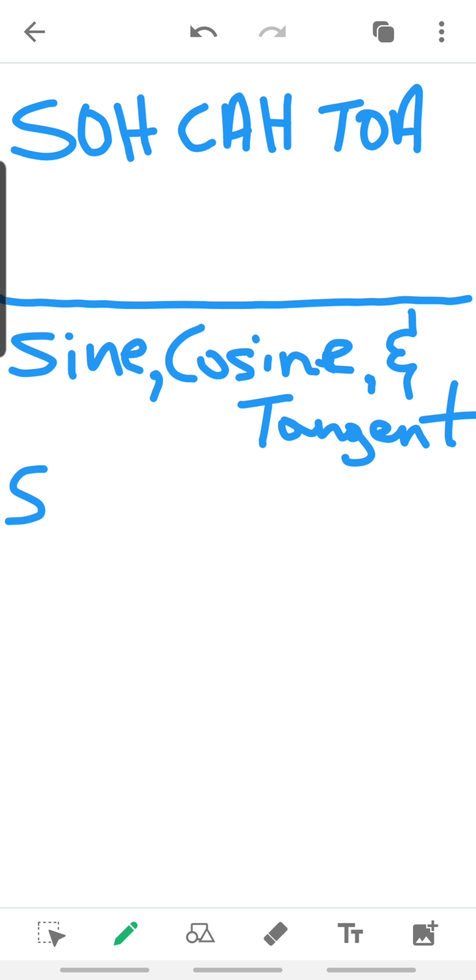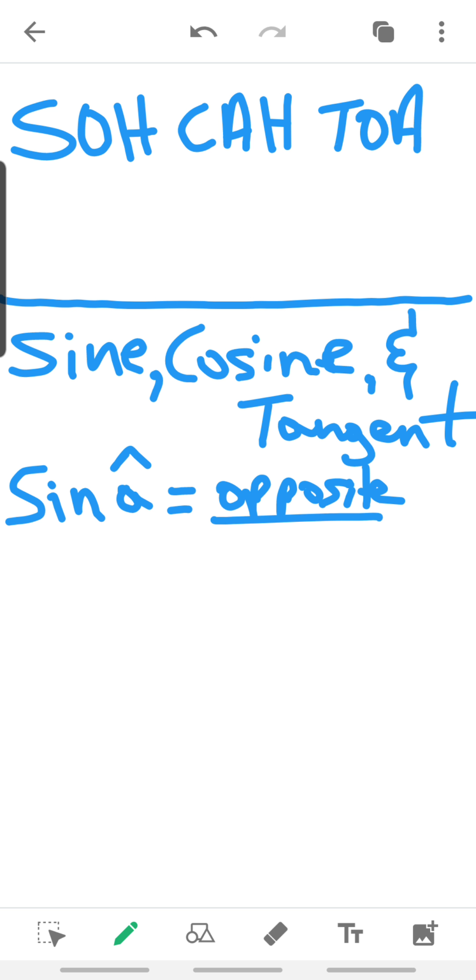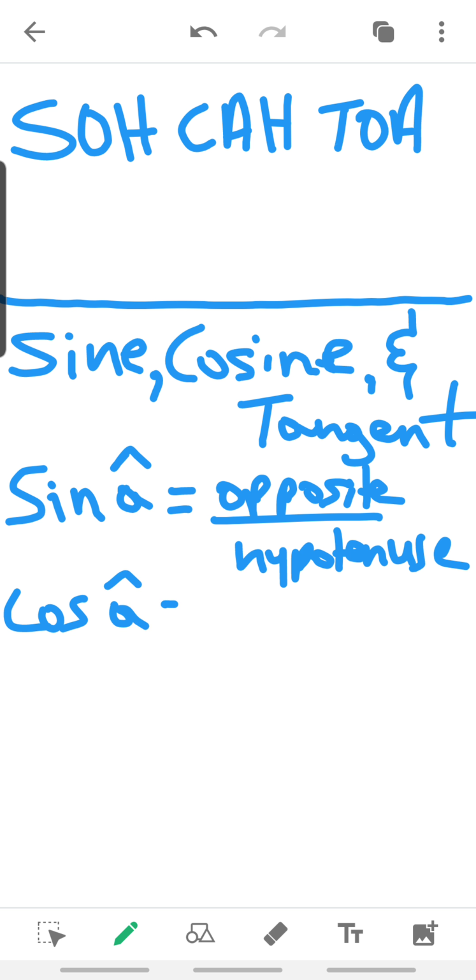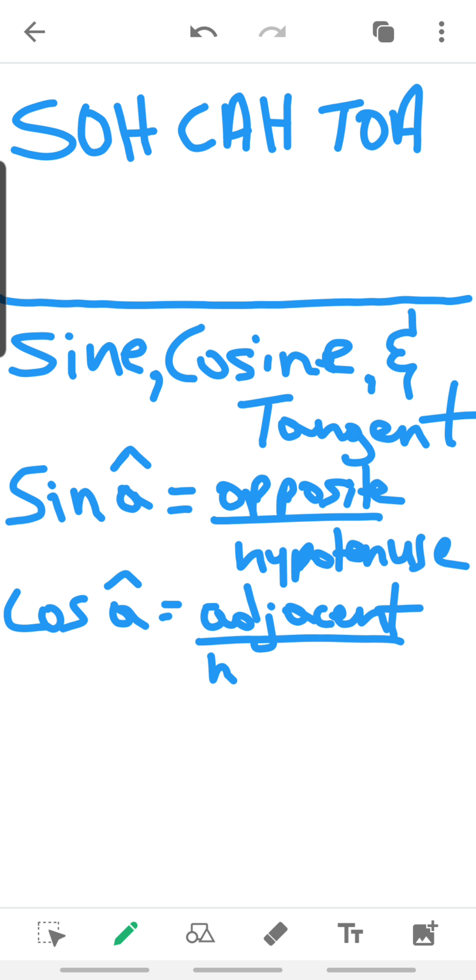Now, all this says is that sine, let's put a little sign here for angle. So sine of angle A is equal to the opposite side over hypotenuse. We're going to say cosine of angle A is equal to adjacent side over hypotenuse.